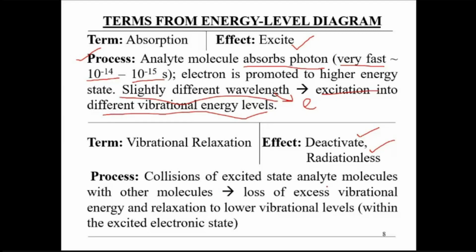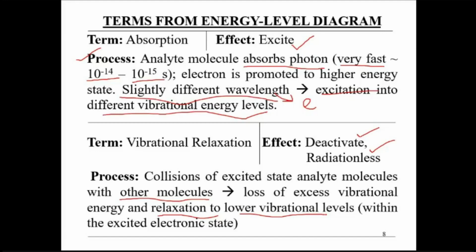Collision of excited state analyte molecules with other molecules. It is like one cricket ball is stationary and the other cricket ball is traveling at great speed and hits the stationary ball. When it hits, the ball which was traveling with high speed becomes stationary, and the ball which was previously stationary starts traveling with high speed. So there is loss of excess vibrational energy and relaxation to a lower vibrational state.